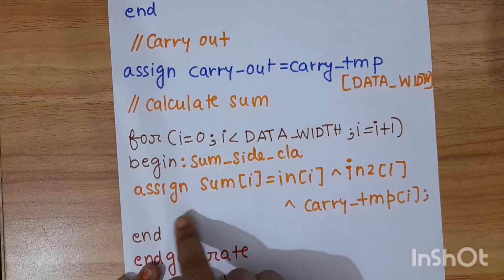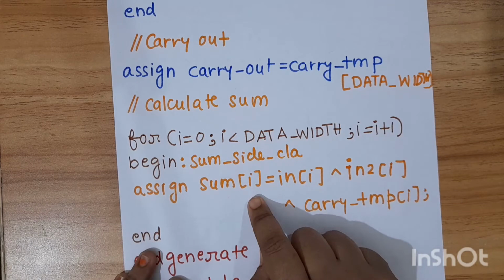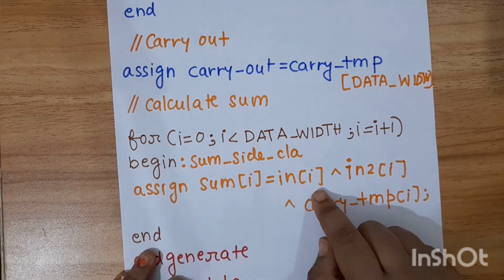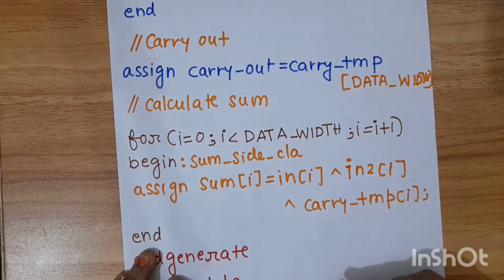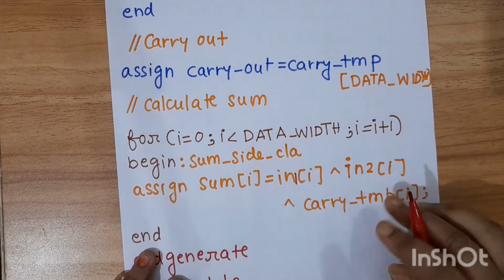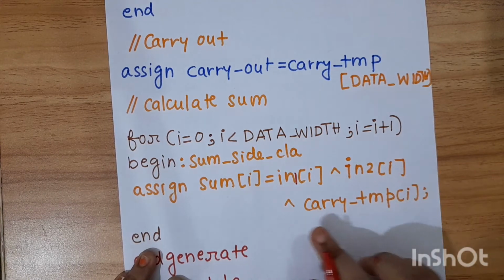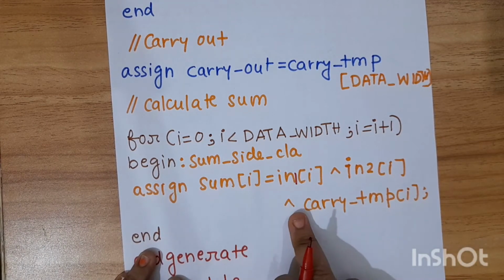So assign, continuous assignment is happening, sum of i is equal to in1 i, input 1 actually, exclusive OR in2 i exclusive OR carry_temp i. This is for some bit, that is 2 inputs.